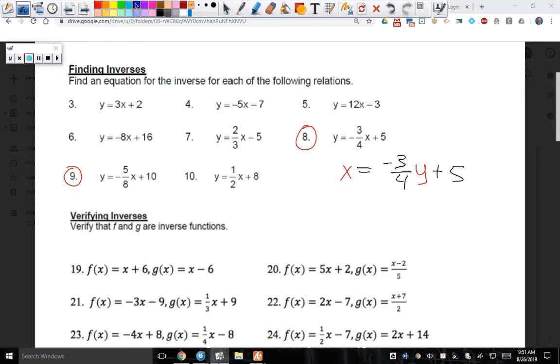I subtract 5. Okay? My shortcut's going to help you strengthen your PEMDAS. Here we go. So we're going to subtract 5 from both sides. Think about it. I want y all by itself. What can I multiply both sides by to get y completely by itself as a positive y? -4/3.